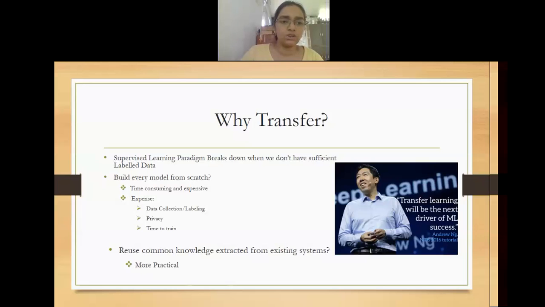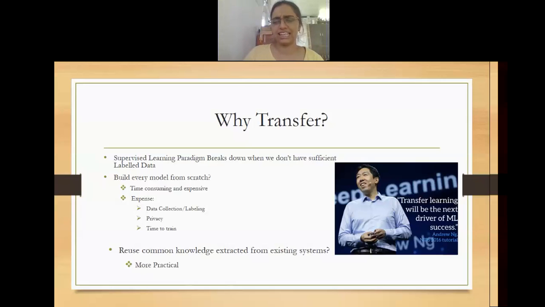Okay. So, as I told you, building a model from scratch is very difficult. On top of that, you could use already successful models in solving certain problems. You could use those to solve some other problems where you do not have enough data, you do not have enough time to do the labeling, or you have a lot of privacy concerns, so many problems.